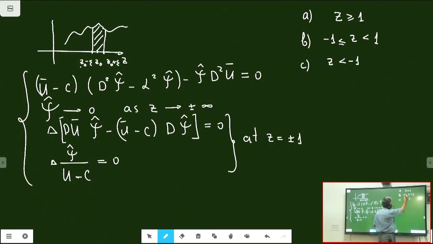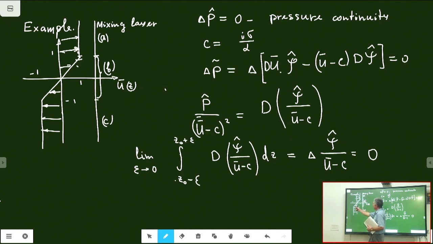In region A, u bar is equal to 1. In region C, u bar is equal to minus 1. In region B, u bar is equal to, can you tell me what it is? Remember what it is? It's just the straight line connecting 2 points, 1 and minus 1, right?